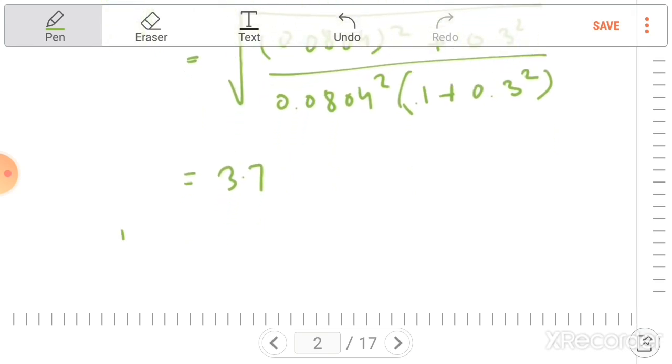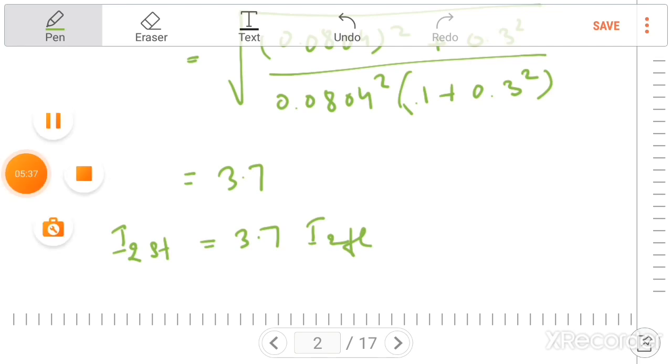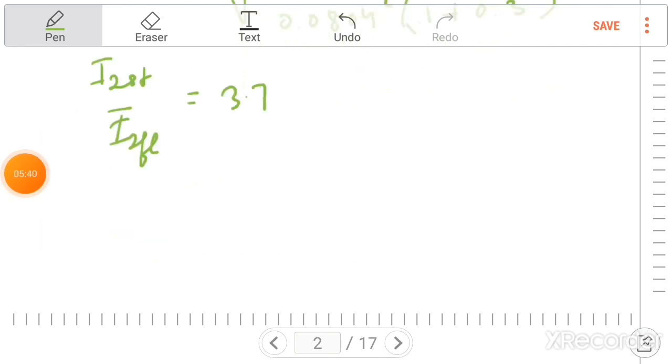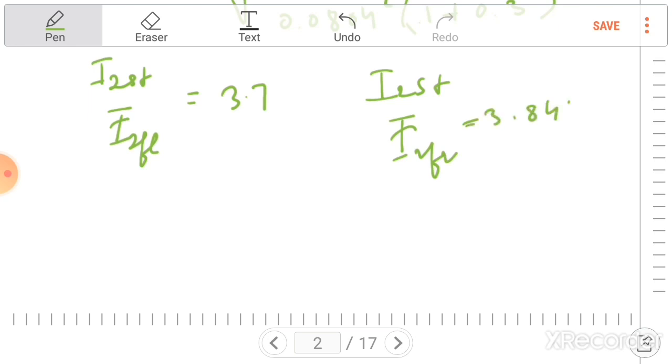So I2 at starting equals 3.7 multiplied by I2 at full load. This ratio is lesser than in the previous case, where I2ST by I2FL was 3.844.